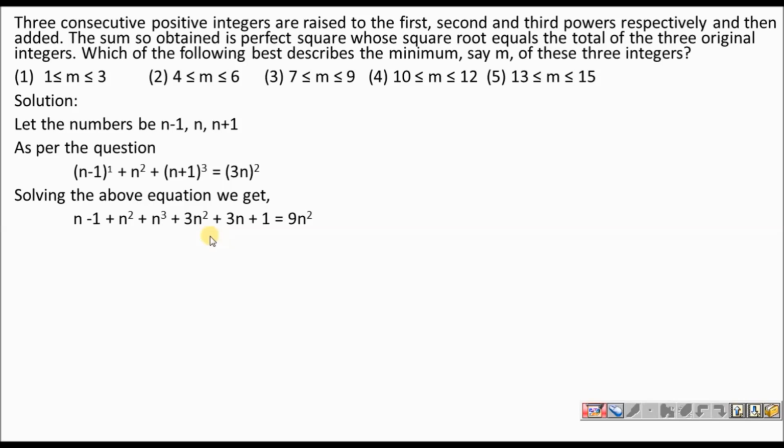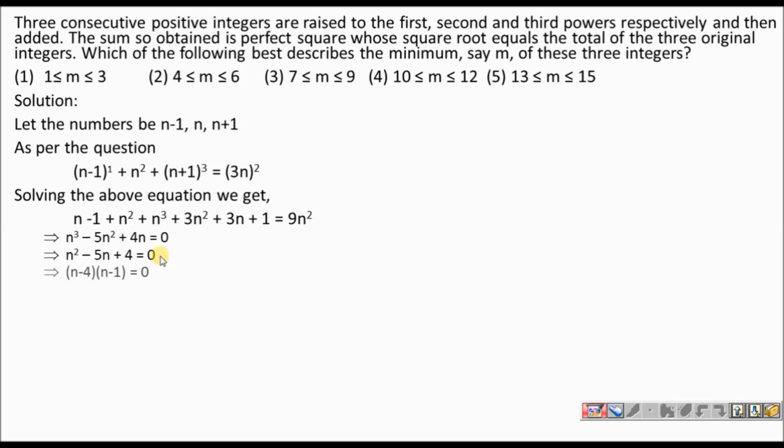So effectively 4n square minus 9n square gives me minus 5n square. So that's what we get: n cube, n square plus 3n square is 4n square, minus 9n square gives minus 5n square, plus 4n. I can clearly see that I can take n common. So I effectively get n square minus 5n plus 4.